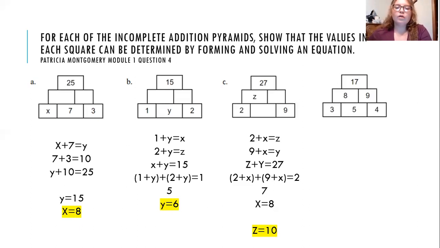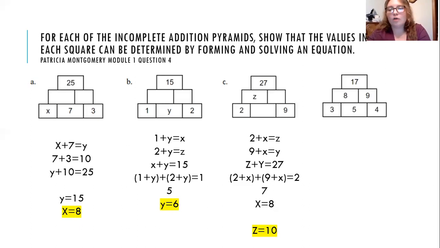So then for C, we're going to do the same sort of thing. We're trying to find Z though, which is a little different than the bottom. We moved up a spot. So we're going to go through and fill in those two blanks with an X and a Y. And then we get down here to 2 plus X plus 9 plus X equals 27.